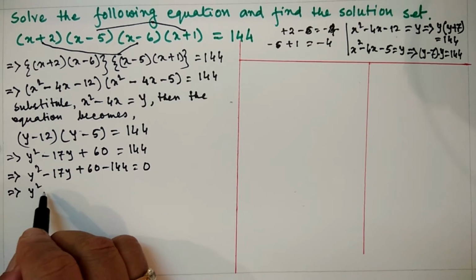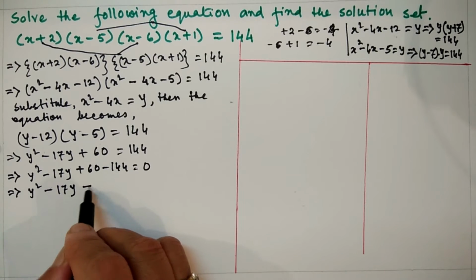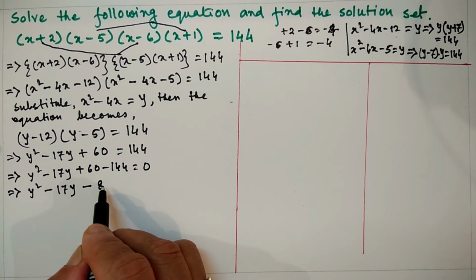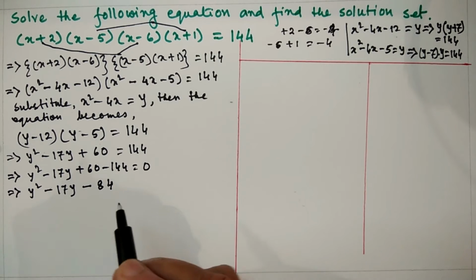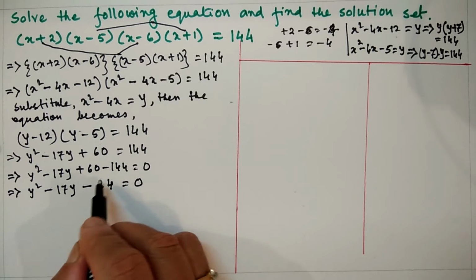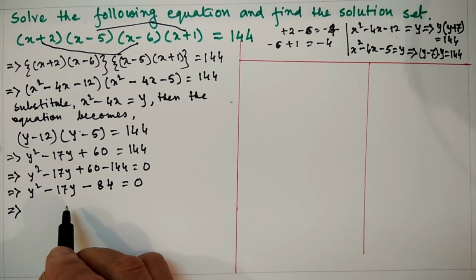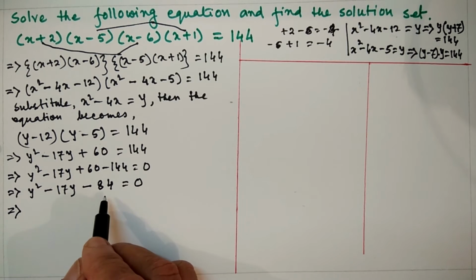That becomes y square minus 17y minus 84 is equal to 0. Now we have to split 17 with the help of 84.